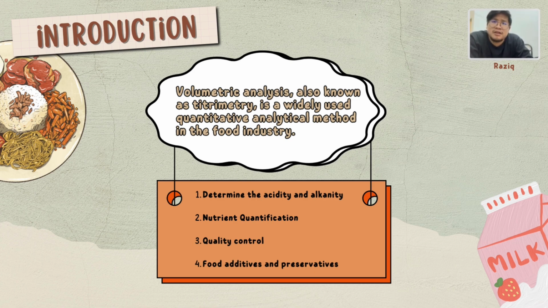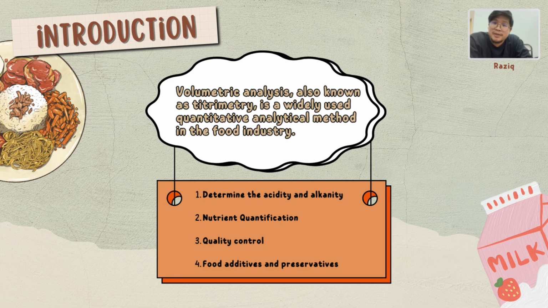For example, by titrating juice, dairy products and vinegar with a standard base, it determines the acid content in those foods. The next one is nutrient quantification. This technique is essential for determining the content of vital nutrients such as minerals, vitamins, proteins, and all the nutrients.